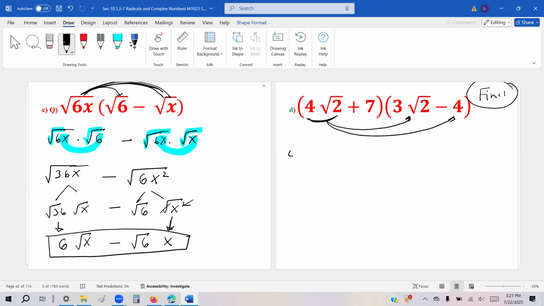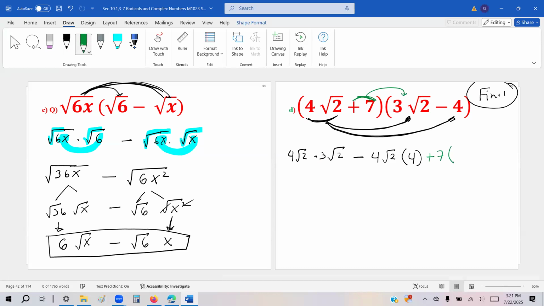So we have 4 square root of 2 times 3 square root of 2. The first one. Then the second one. So we have minus 4 square root of 2 times the 4. Then it's the other way around. We have 7.